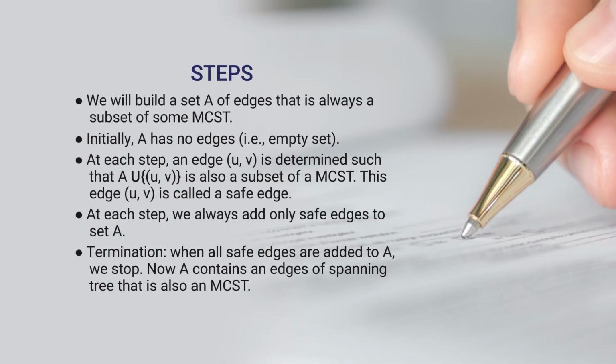Initially the set A will be empty because it will contain no edge. Now at each step one edge will be determined, and if that edge is called a safe edge, meaning it follows a certain criteria, then that particular edge will be added to the set A. You will always add something called a safe edge.